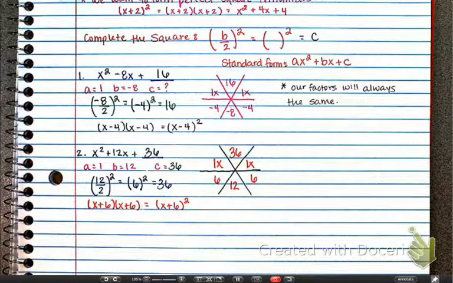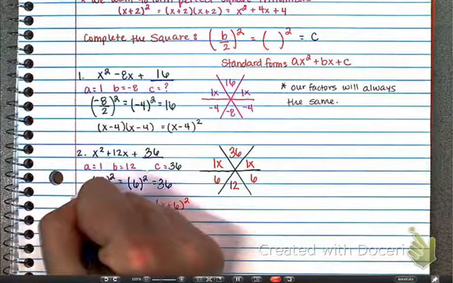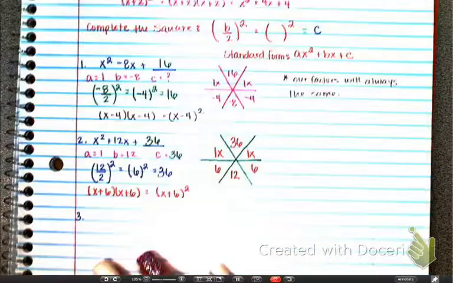Okay, so you're on the right track of what I want you to notice, but that's not quite it. No one sees anything else that could maybe save us a little bit of time? Okay, let's do the third one. Maybe you'll pick up on it.